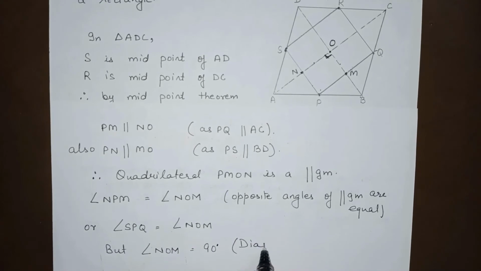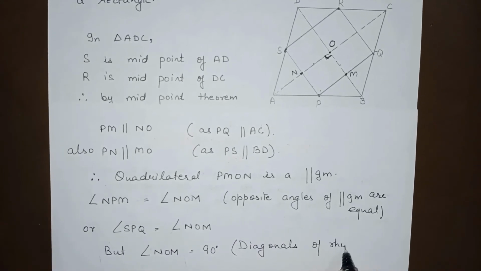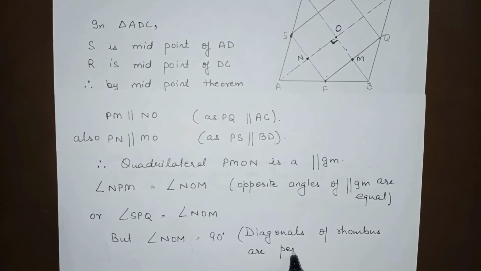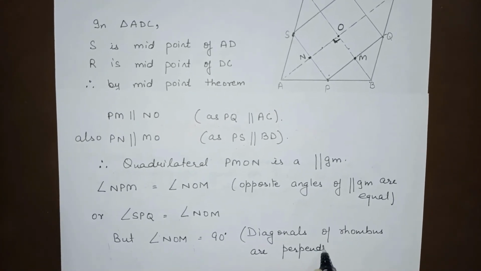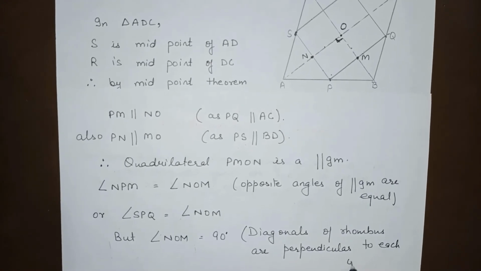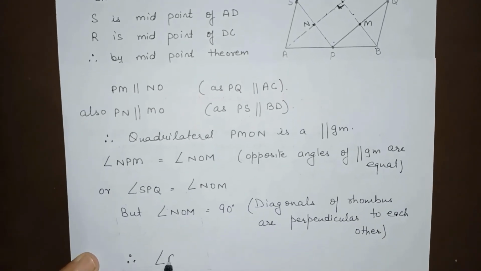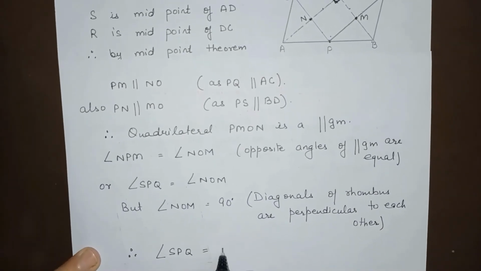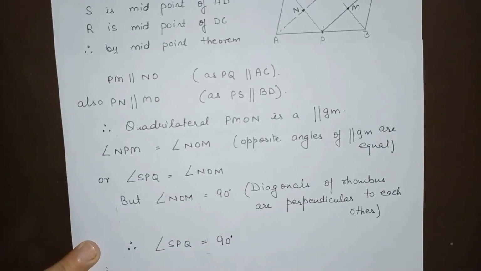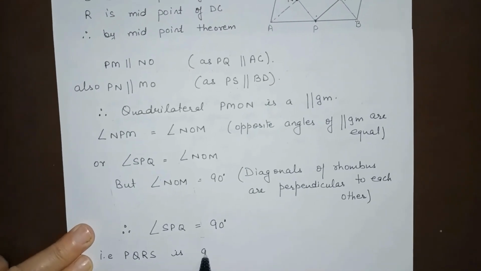Diagonals of rhombus are perpendicular to each other. So therefore angle SPQ is 90 degree. Now that is, PQRS is a parallelogram.